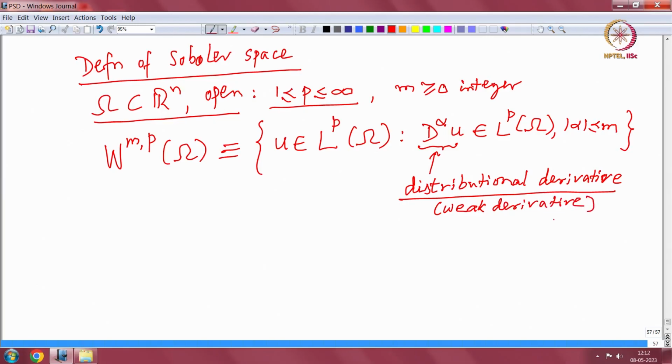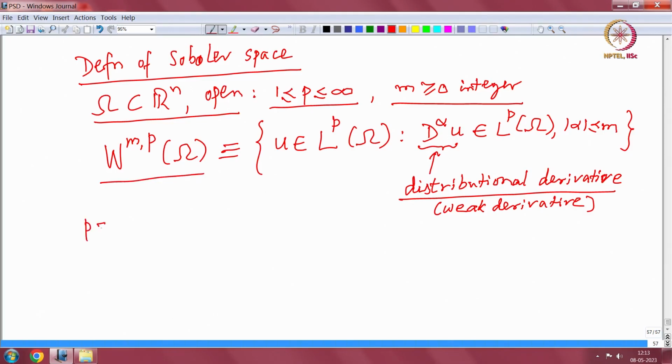Okay, so m, this integer, denotes the number of weak derivatives, and p denotes the power of integration, L^p. When p is equal to 2, that's what we are going to restrict to.